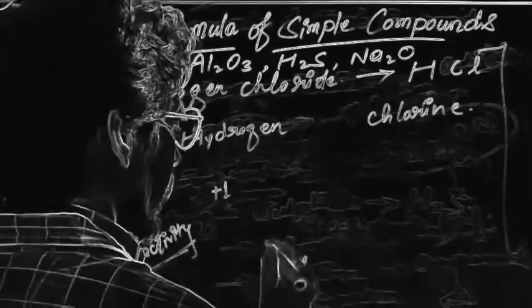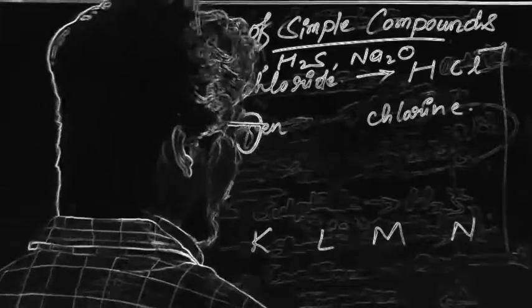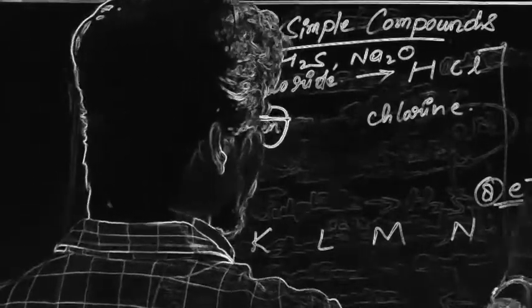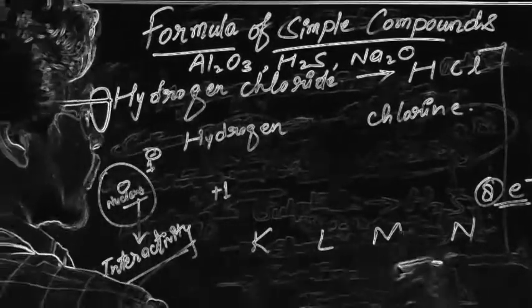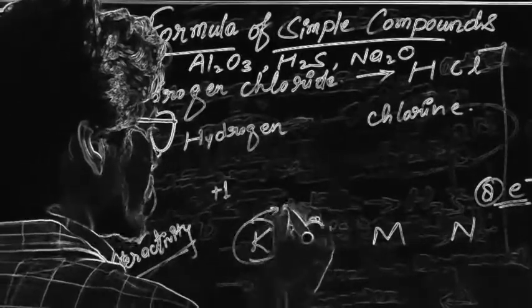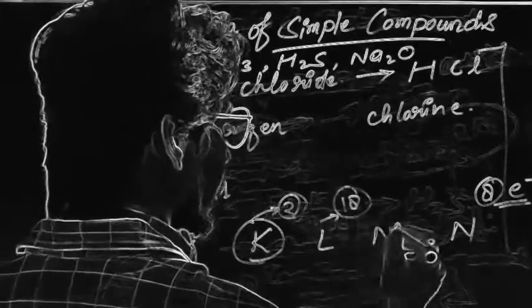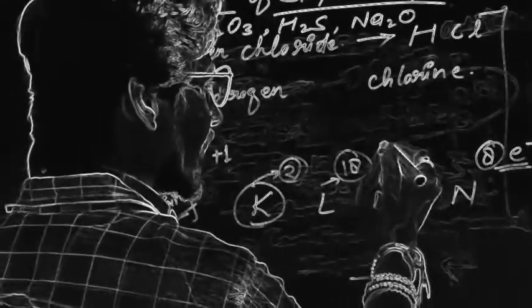Then chlorine, if we go for KLMN, I told you if there are 8 electrons in the outermost shell, then the shell will be stable. And we know the capacity of filling electrons here. In the K shell, how many can be filled? 2. In L, 8, and in M, 18.